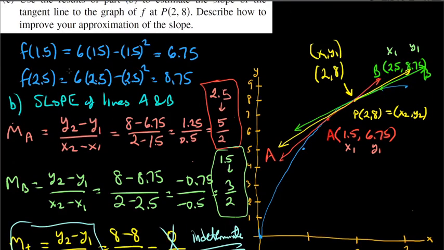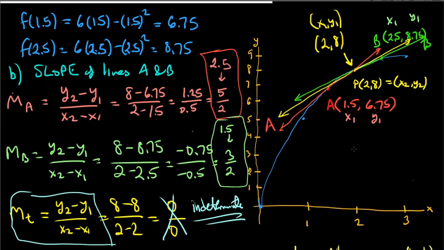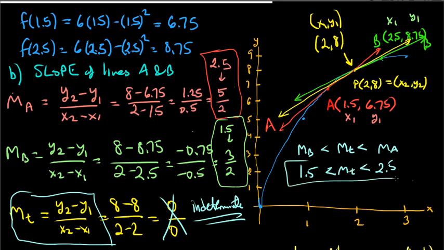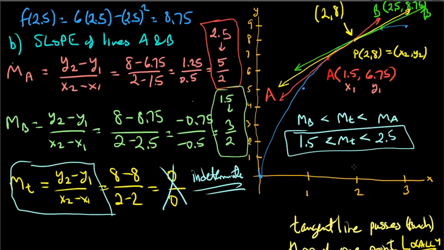So let's go back to what I said earlier. The yellow tangent line is between the red line and the green line. If the green line is the lower slope, the slope of line B, which was 1.5, and the slope of line A was 2.5, then it stands to reason that the slope of the tangent line has to be between those two numbers. So whatever the slope of the tangent line is, it's somewhere between 1.5 and 2.5.